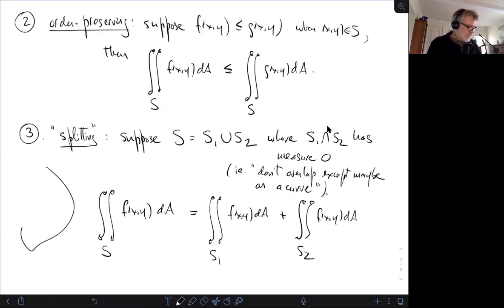Okay, maybe I can draw, let's say this is S, this is S1, S2, something like that. Hopefully that makes sense. I think you can probably believe that. Okay, so we've got three properties, just two more.